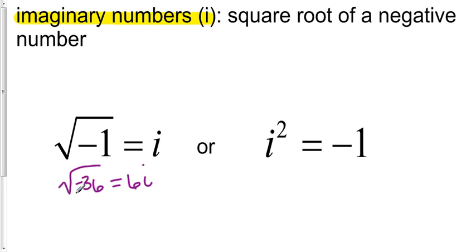So anytime you're taking the square root of a negative number, basically you can think of the same square root, but if it's negative, you've got to add an i behind it. Now, because of this definition, if I square both sides, we know that i squared is equal to -1. By definition, i squared is -1, and i is the square root of -1. Okay, so let's use that in our next example.